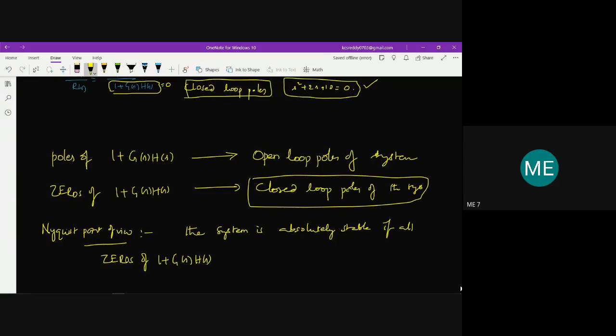As we know, when the poles lie on the left hand side of the s plane, we say the system is absolutely stable. When the poles fall on this left side, then we can say the system is stable, absolutely stable.